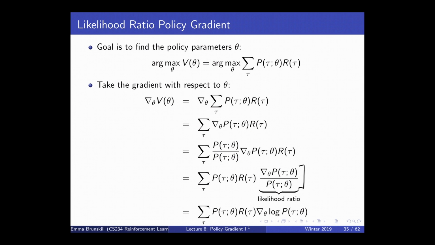Now, why else does this start to look useful? This is a sum over all trajectories. Of course, we don't have access to all possible trajectories, but we can sample them. So you could imagine approximating this by running your policy a number of times, sampling a number of trajectories, looking at the reward of those, and then taking the derivative of the log probability of the trajectory given theta.